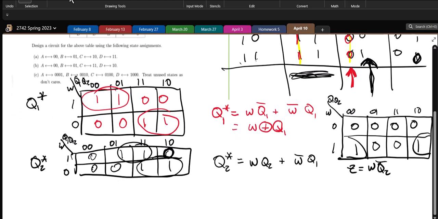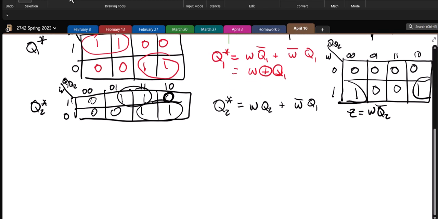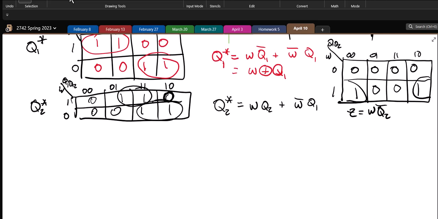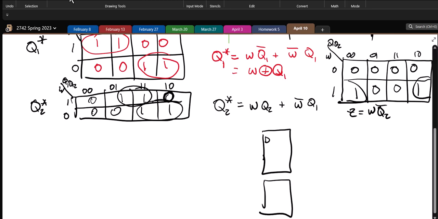Okay, so now we need to draw our circuit. Because we had 2 bits for defining our states, we'll have 2 flip-flops. So I'll call them D1, D2. This will be Q1, Q2.